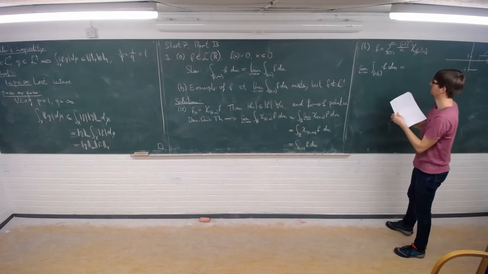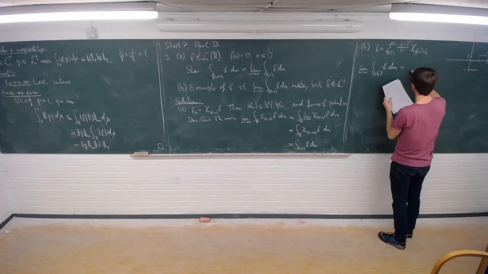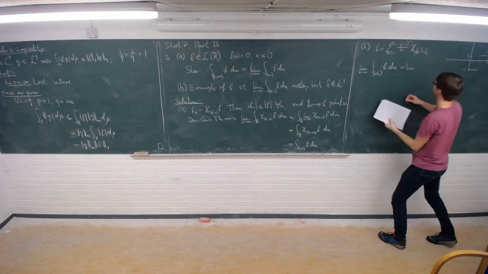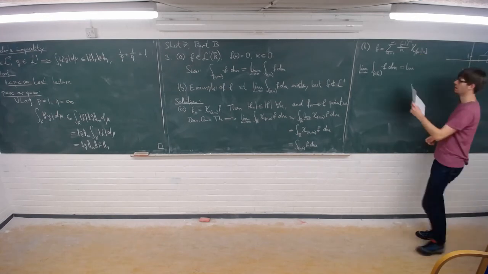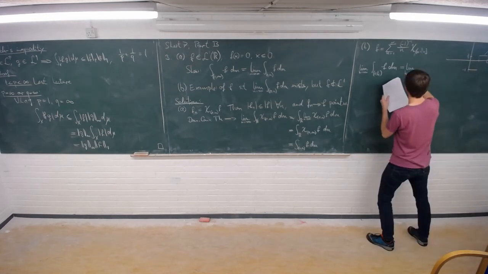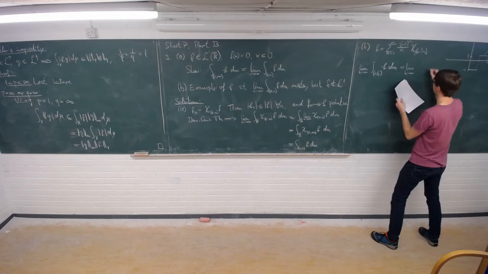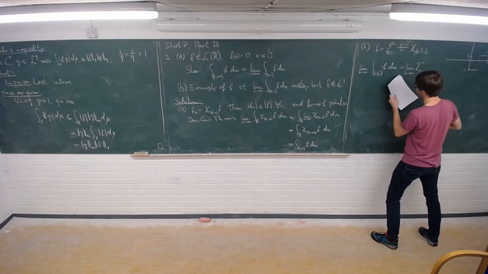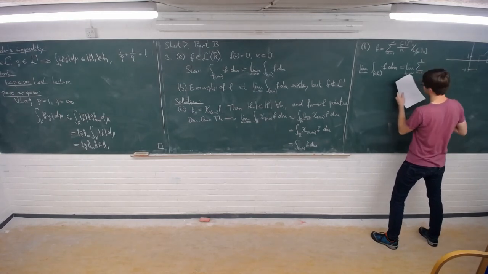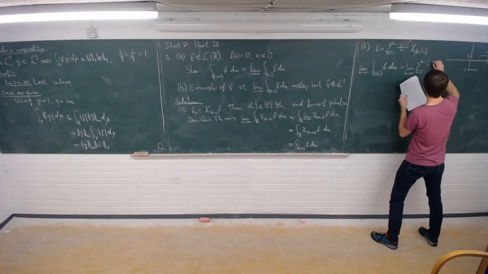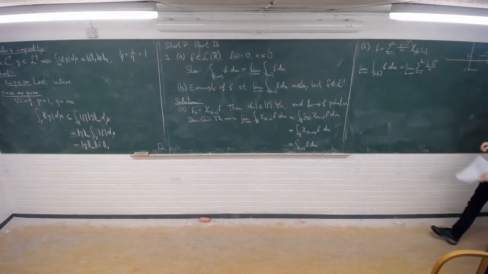It's just this constant value times the length of the interval, which is 1. So this is limit k to infinity sum n equals 1 to k of minus 1 to the power n divided by n.